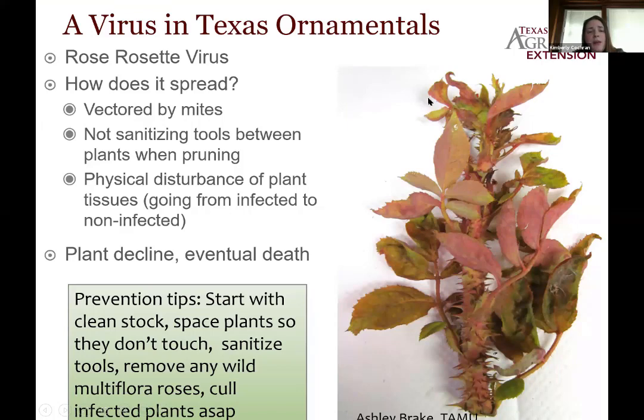It's spread by mites and by not sanitizing your tools between plants when you're pruning, as well as physical disturbance of plant tissues, like handling and touching infected plants and then non-infected plants. Though the efficiency of spread for that method is not nearly as high as, say, mites. Mites are probably one of the most efficient spreaders of this particular disease. This always results in plant decline and eventual death.